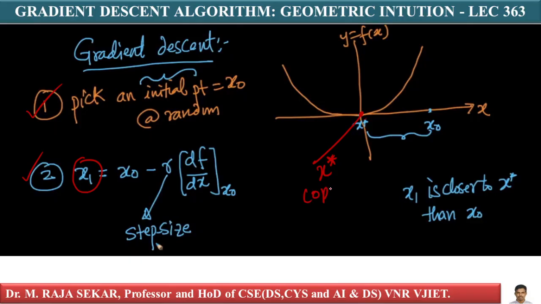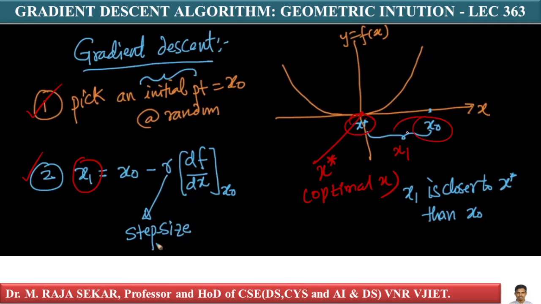I can say this is optimal x, isn't it? So you want to pick your x1. Where will you pick your x1? Somewhere in between x star and x0, isn't it? Somewhere in the region between x star and x0.